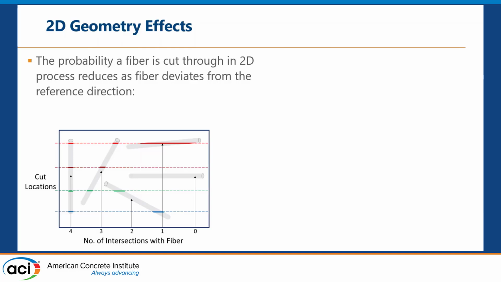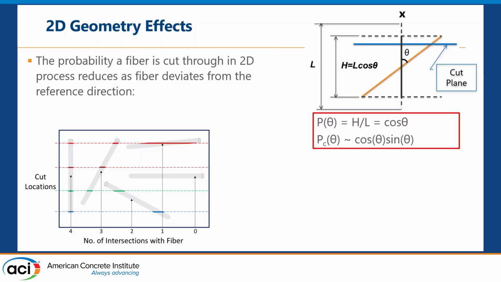Whereas the fibers that are more flat, with a larger deviation from the reference orientation, which is the vertical axis here, have less chance to be cut by the cut plane, right? So we introduce an effect from the cut plane.